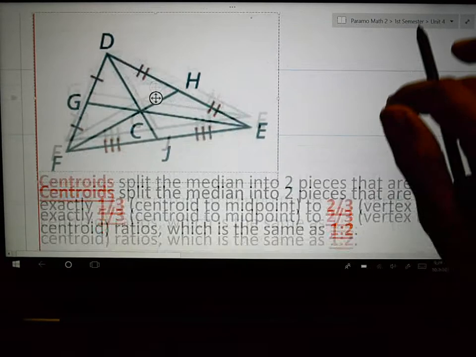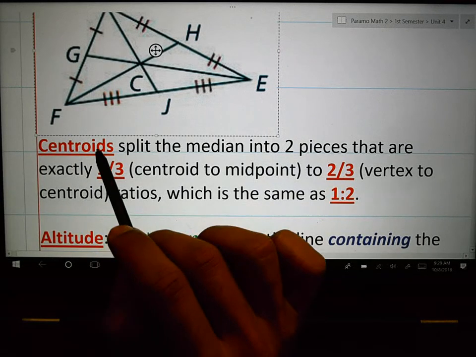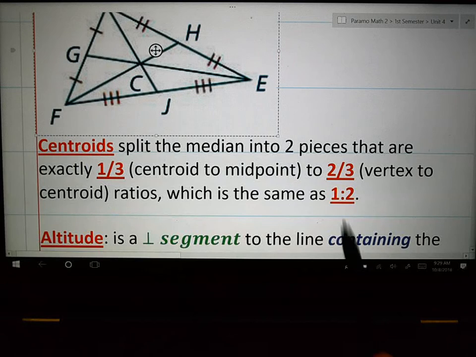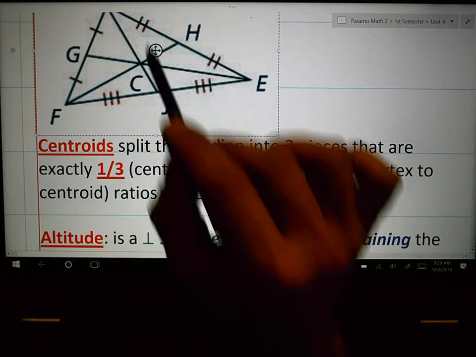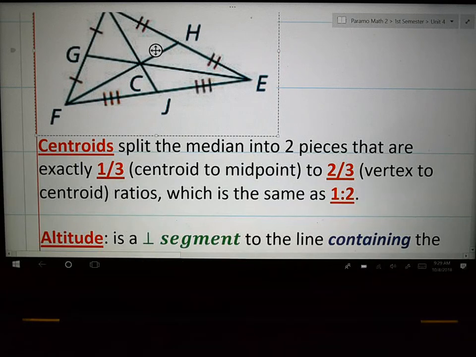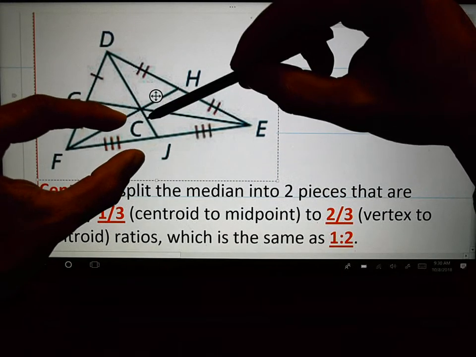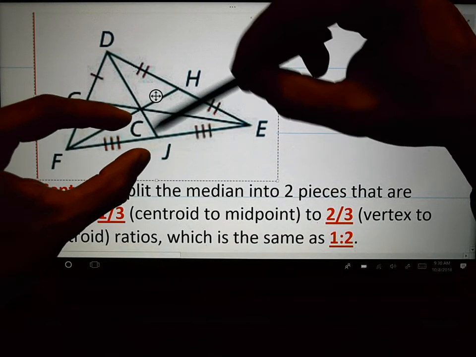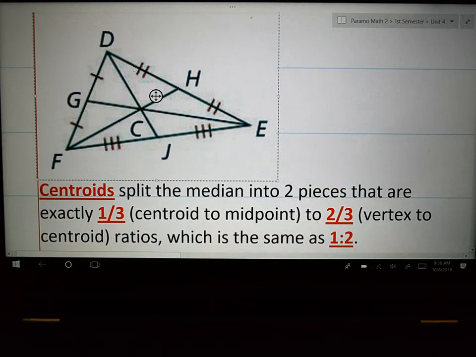But what we're going to do primarily is deal with problems with centroids because they're the balancing point. They break up the median into a 1/3 to 2/3 ratio. Meaning this shorter piece from the centroid to the side is 1/3 of the whole thing, and this is 2/3 of the whole thing.